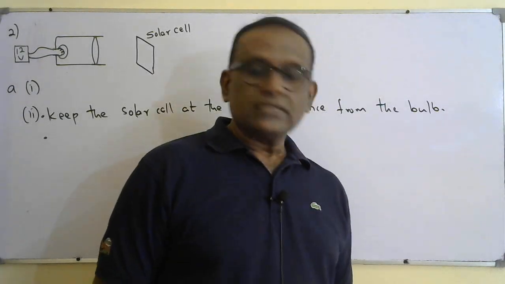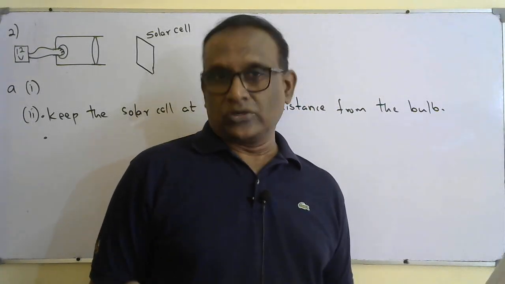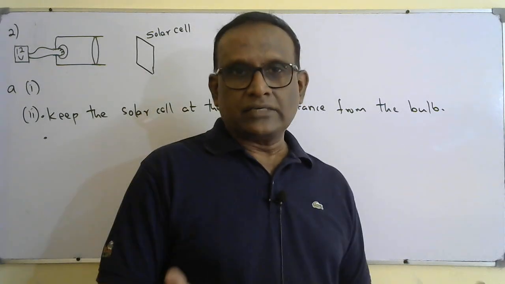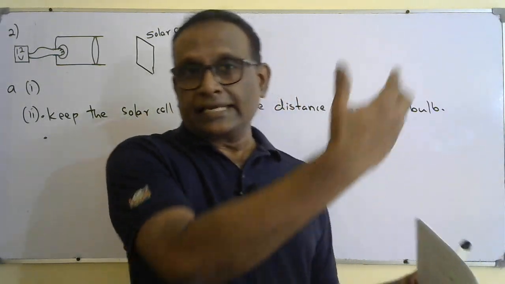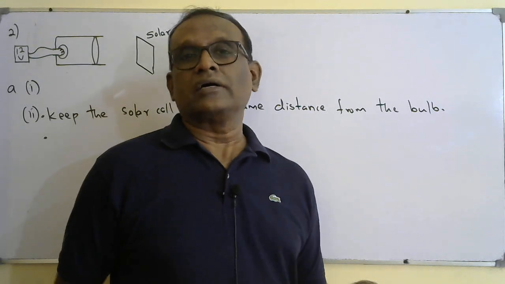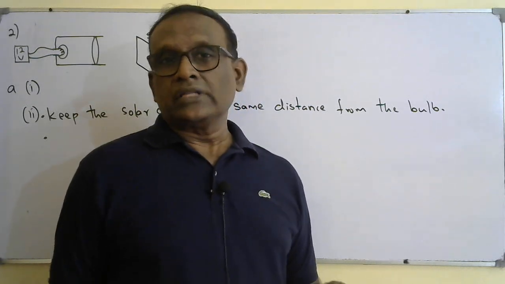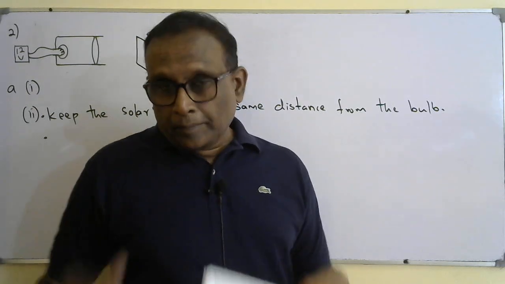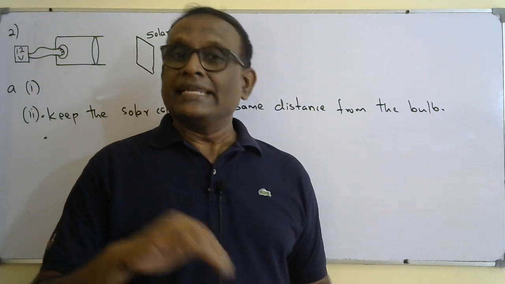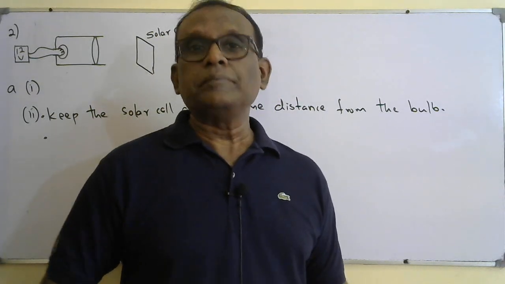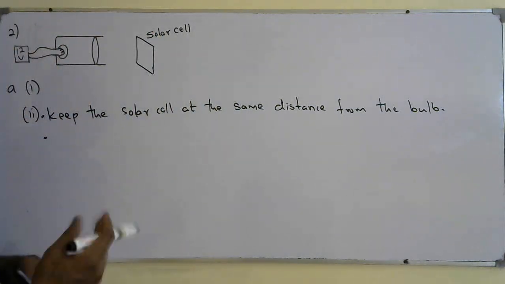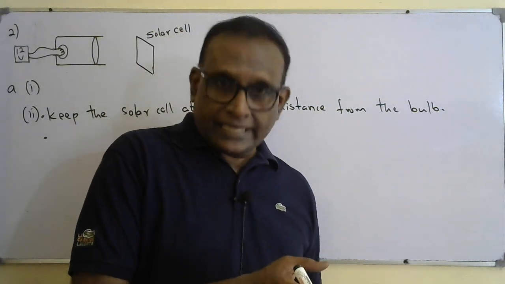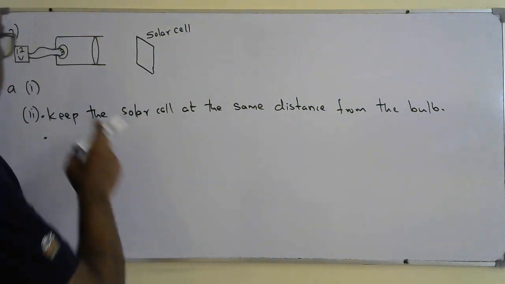So the second one, we can say control the background light. That means if you are doing a practical in an open environment, or there's light coming, the daylight is falling or coming into the room, the brightness of the daylight could change depending on the cloud, is it? So better do this practical in a dark room to control the background light. If you do this practical in a dark room, there won't be any other light other than the light from the bulb.